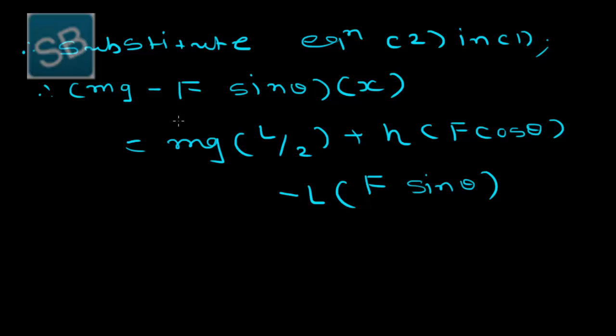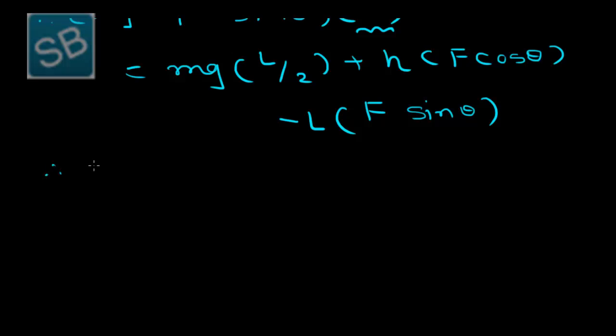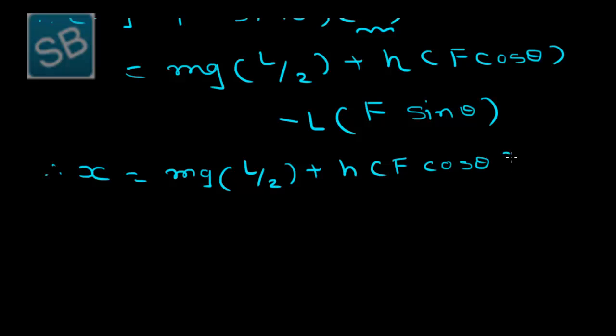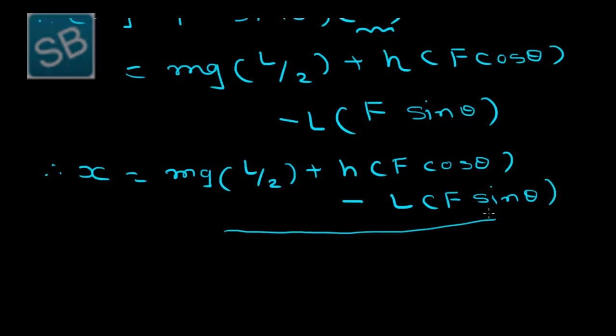Now I have to find out the displacement. So let me make this x the subject, and so the value of x equals mg into L by 2 plus h into F cos theta minus L into F sin theta, and this term is divided by the coefficient of x, that means mg minus F sin theta.